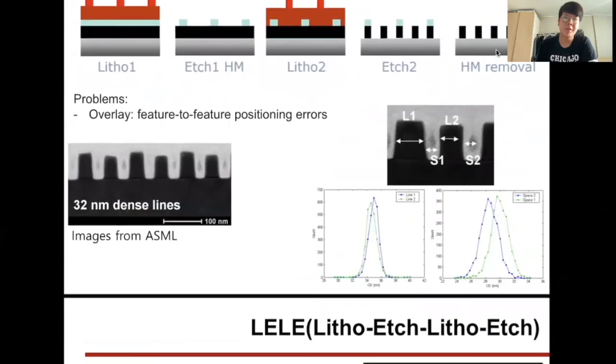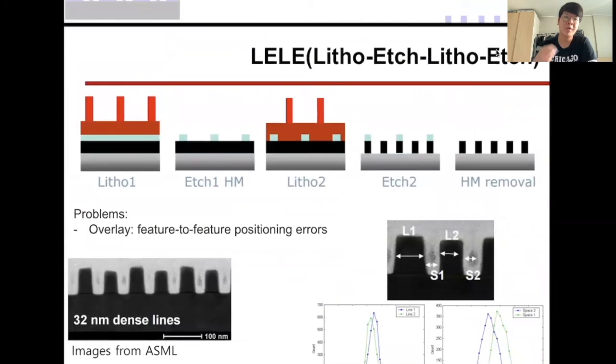However, there are problems using LELE. First of all, we use the litho process twice, so there are misalignment issues. The misalignment issues lead to overlay problems.